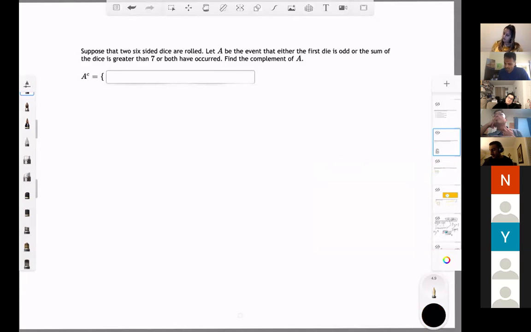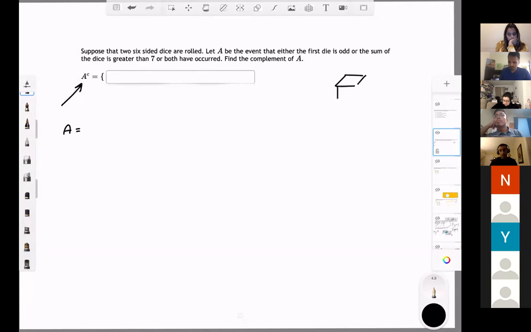So in order to answer this complement, we need to find A, correct? We have to find the event A, all the set, then we subtract it from the universe, all the options. So we have 2 dice, and we know that the dice are 6-sided.